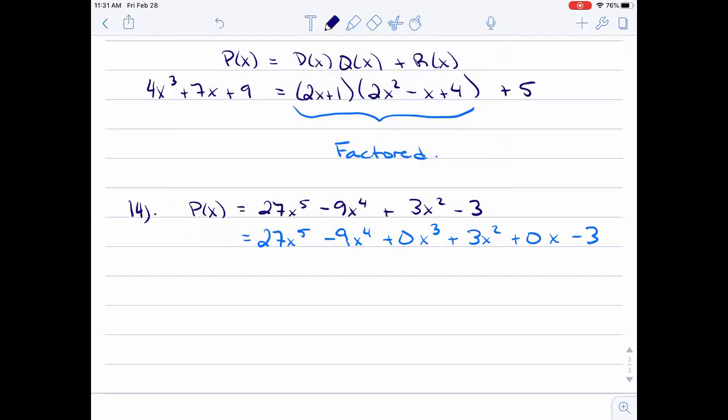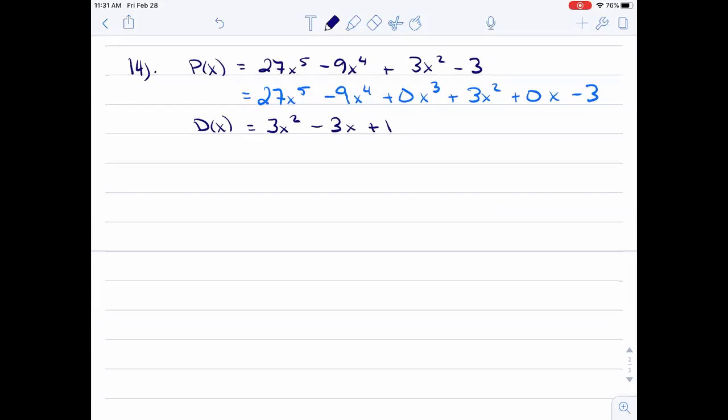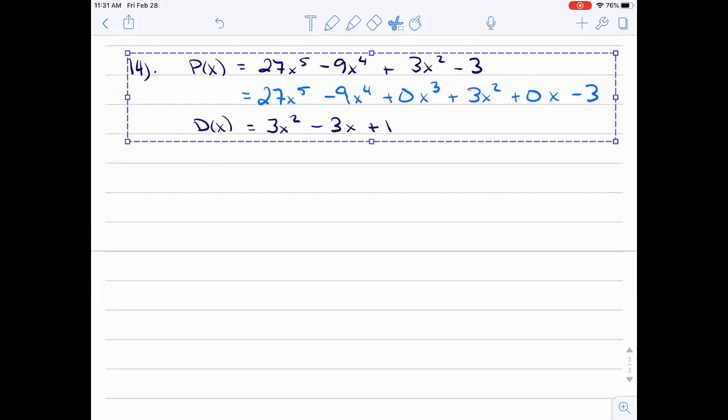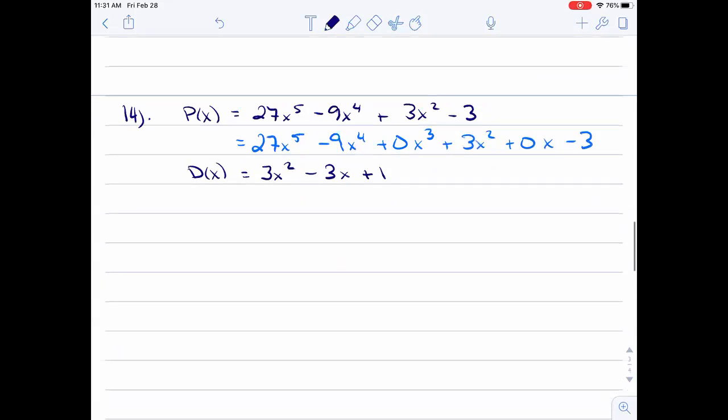And we're given this huge d of x is equal to 3x squared minus 3x plus 1. Here we go. So what's this going to look like? I think I'll scoot it so it's on the same page. Don't want to have a page break in between.